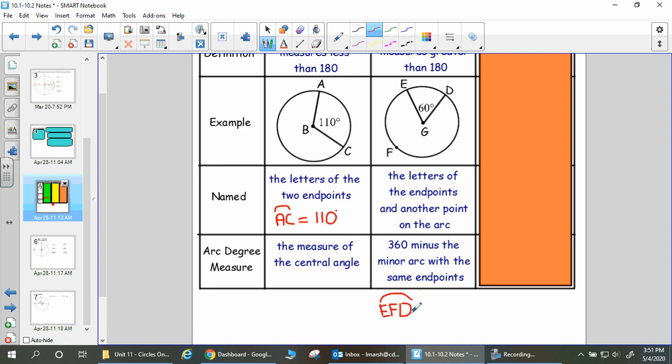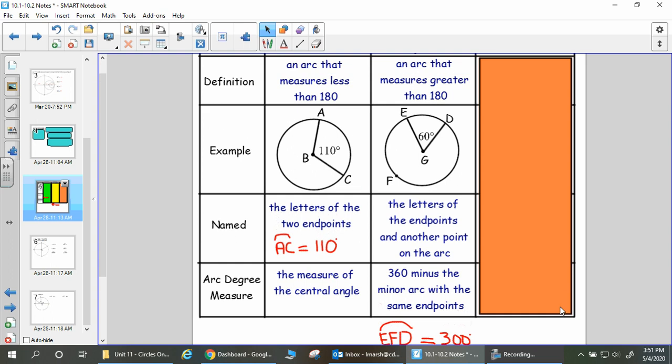So here's my arc symbol. And in this case, if a whole circle is 360, 360 minus 60 would mean this has a measurement of 300 degrees. So a minor arc is less than 180. A major arc is more than 180.